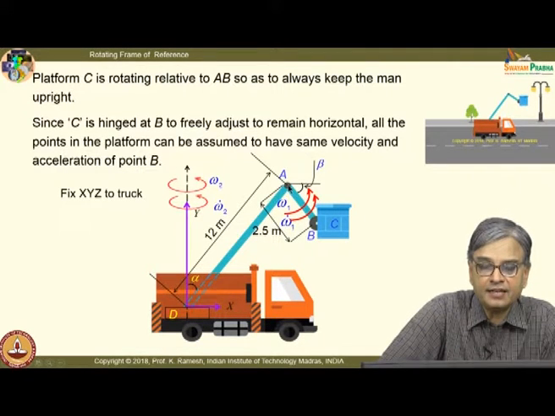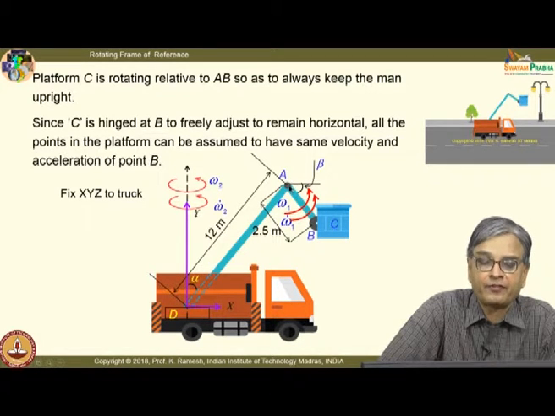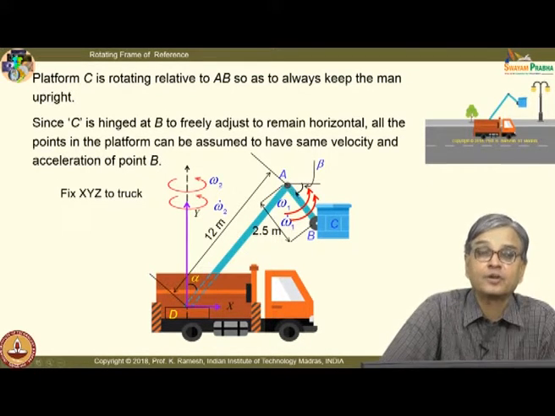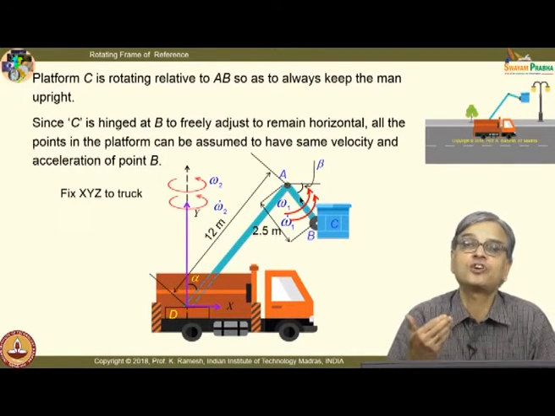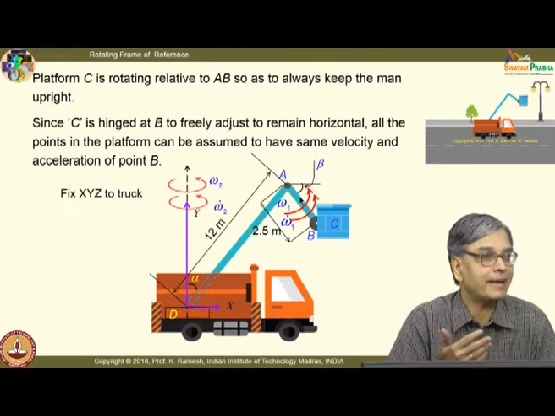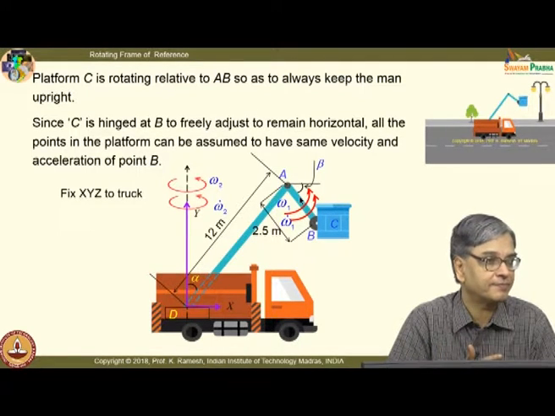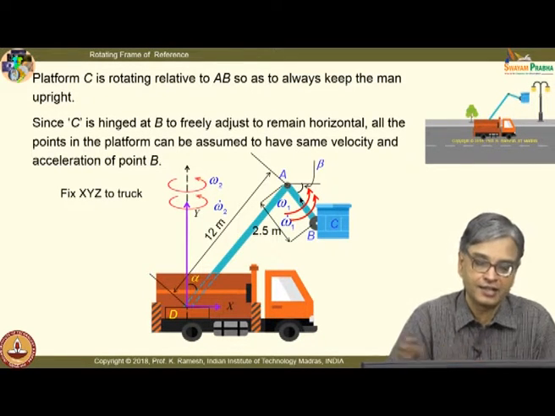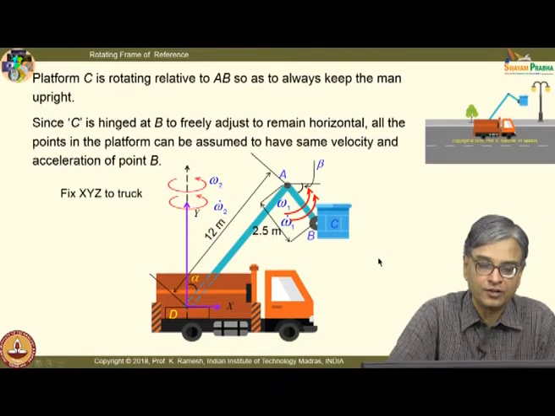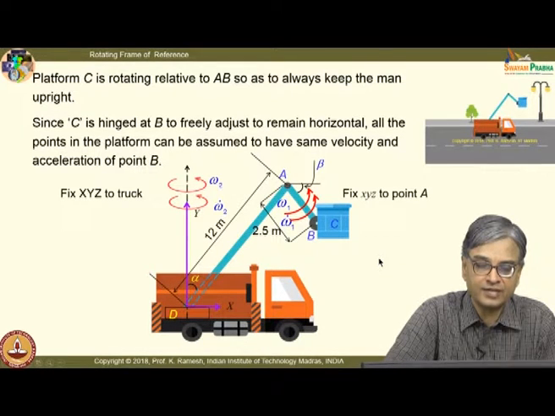We have already seen from the problem statement that this arm has an angular velocity about point A. So, it is better to have a rotating frame of reference attached to point A, because I can easily calculate the velocity of point B from the parameters given in the problem. That is the way you look at it, fine. So, it is easier for me to fix this xyz to point A.